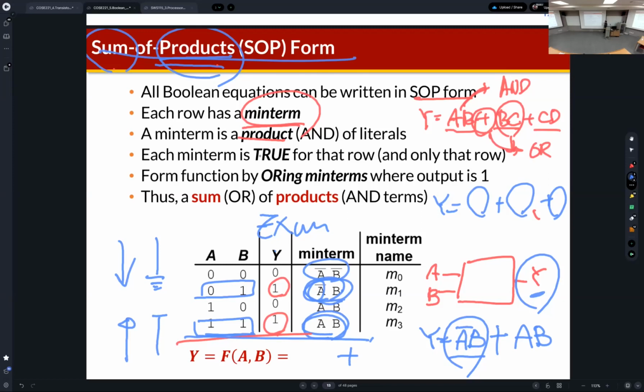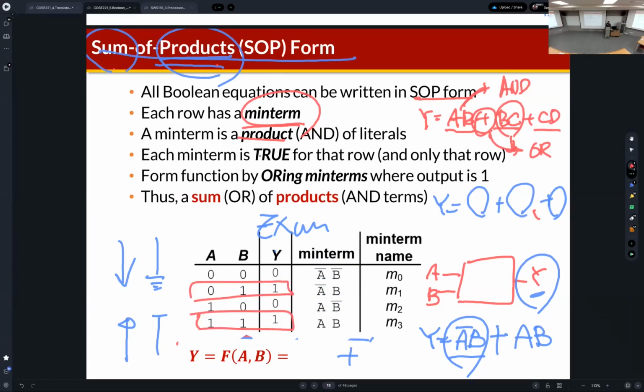Why? Because it's straightforward. We can just select the rows that can make y 1.